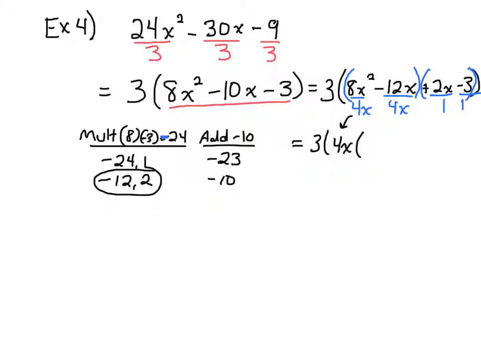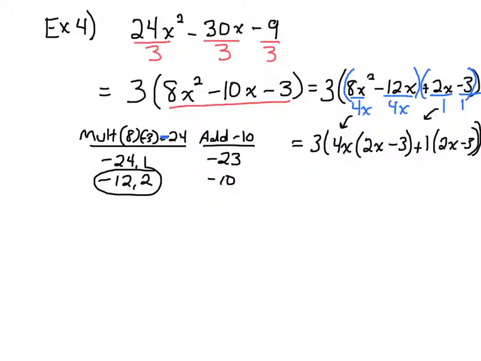Bracket, leftovers. 8x squared divided by 4x is 2x, and minus 12x divided by 4x is minus 3. Okay, we divided out a plus 1 from the second group, so we write plus 1, and then of course that doesn't change anything when you divide by plus 1, so we still have 2x minus 3.